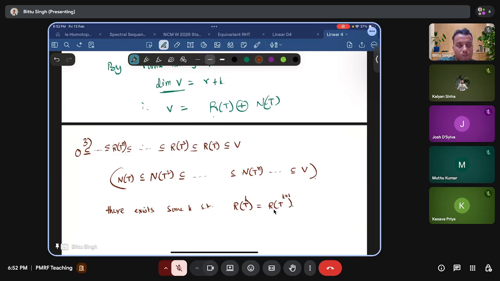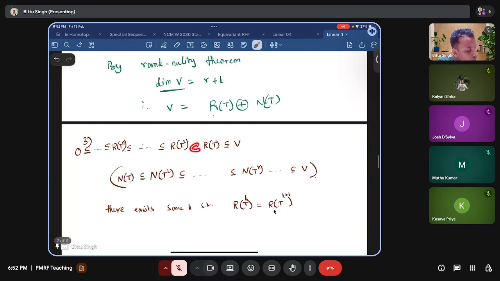There must be such k, because all those things cannot be strict. Dimension of V is finite, so the length of the chain can be at most n. There cannot be more strict inclusions, right? So it must stabilize.